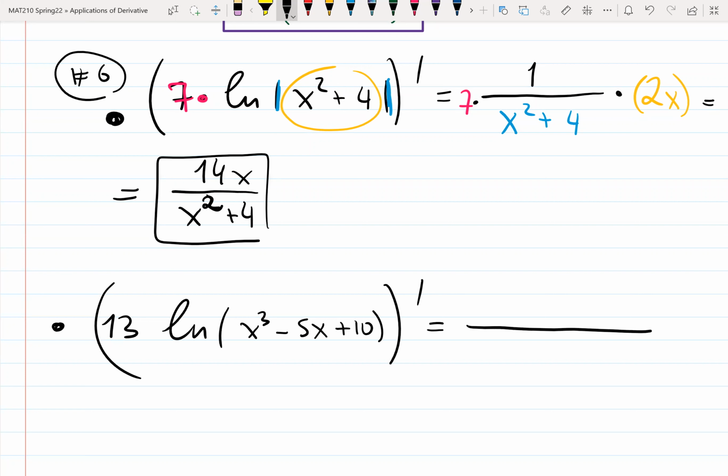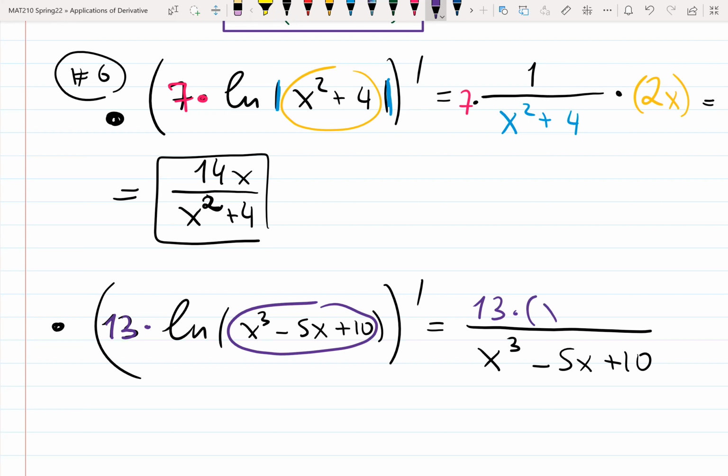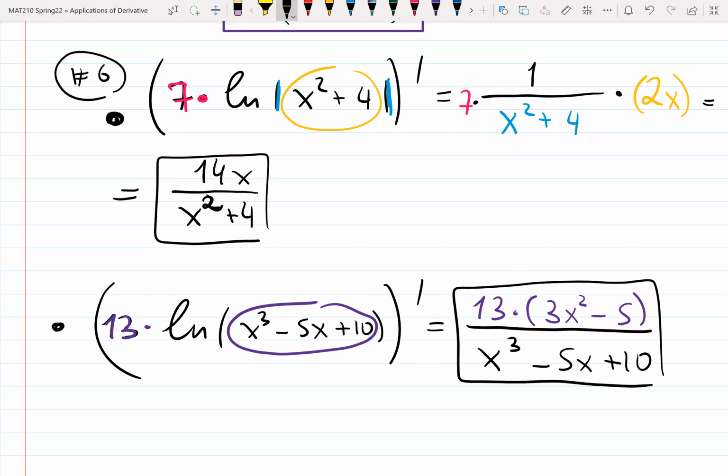You divide by everything you see inside of the logarithmic function, x cubed minus 5x plus 10 goes inside, times 13, was a constant, so I multiply by 13, times the derivative of the function inside, which is 3x squared minus 5. See, this one is faster to write, and you will immediately see it from this list. Like so. But both ways is correct. You don't have to create a nice fraction like this.